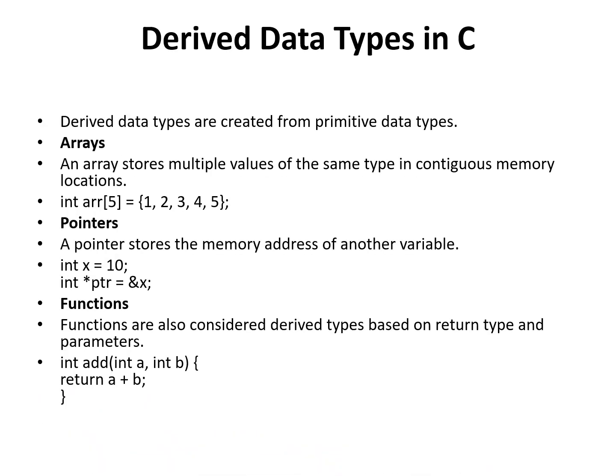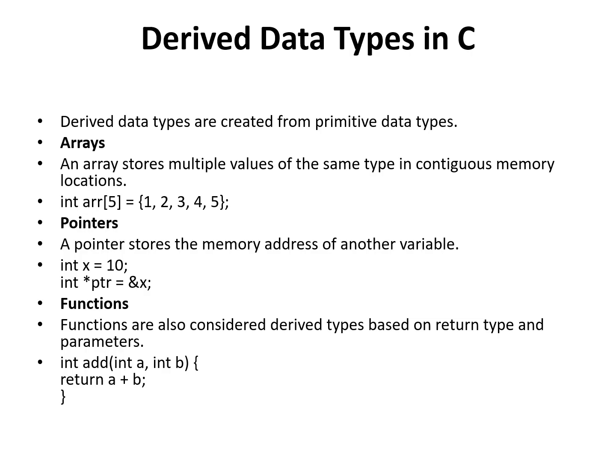And then derived data types. Derived data types are created from primitive data types. What is an array? An array is a collection of values of the same data type. The array is enclosed with square brackets. First we declare the int data type and the array name, with the size of the array in square brackets.